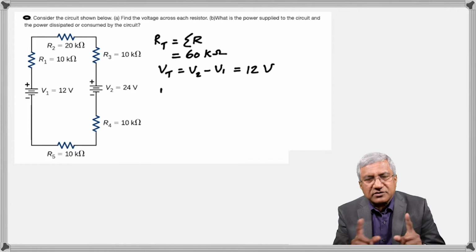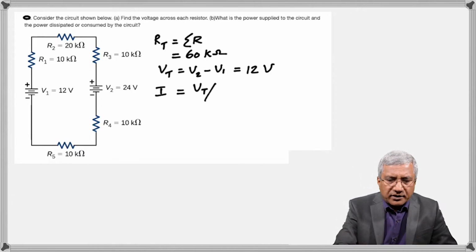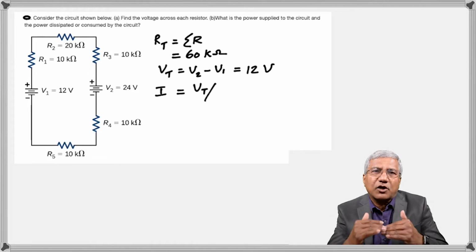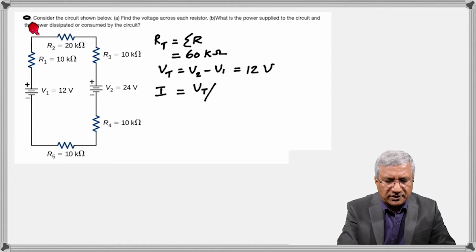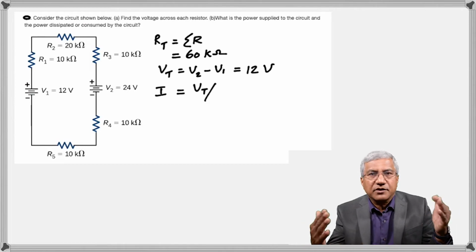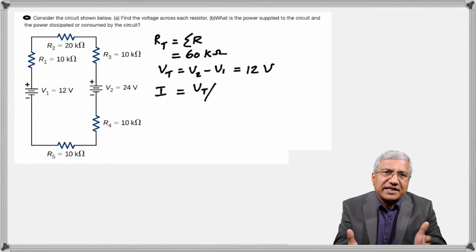And then because of the way the batteries are connected, if you notice, you see that the positive here of the battery is connected to the positive of the other one, which means they are opposing each other, because this is trying to send a current this way through the circuit, while this one is trying to send the current exactly in the opposite direction. So they're kind of opposing each other. In practice, batteries are never connected like that, because you don't want them to be opposing each other. But in this case, yes, it is.